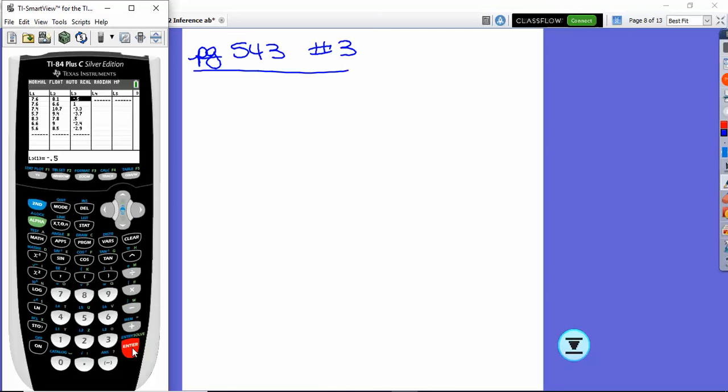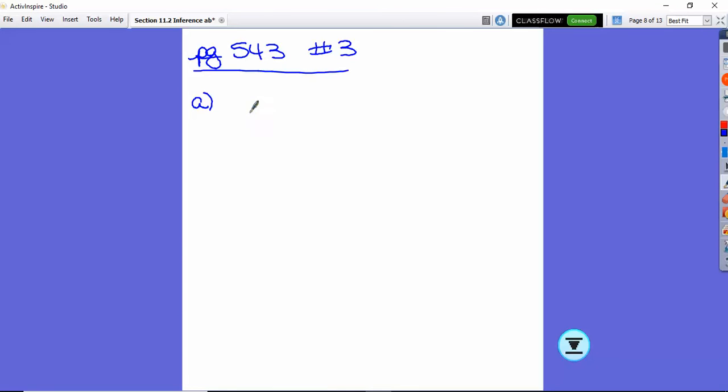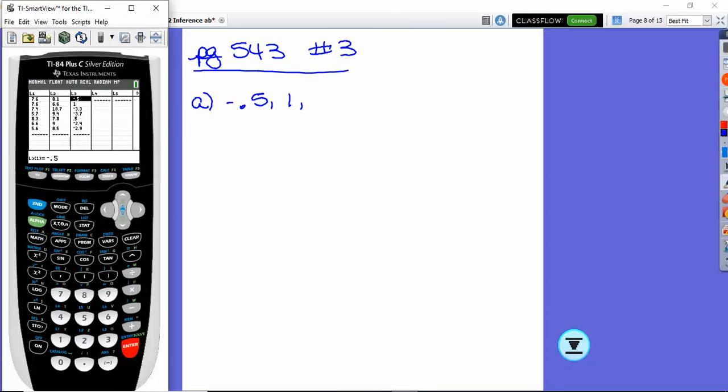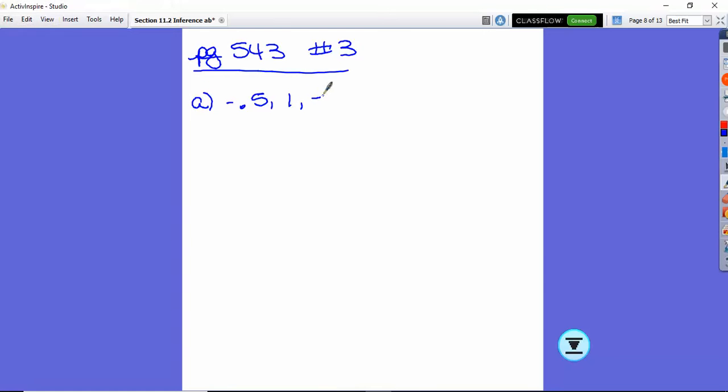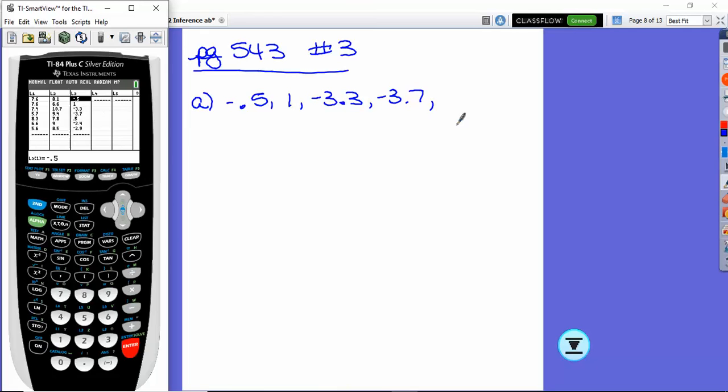So if I gave you this problem on homework, I am asking for the actual differences. So I would appreciate if you would just jot these down. You could redraw the whole table if you wanted, or you could just go through and tell me the first one was, what, negative 0.5, second one was 1, third one, negative 3.3.